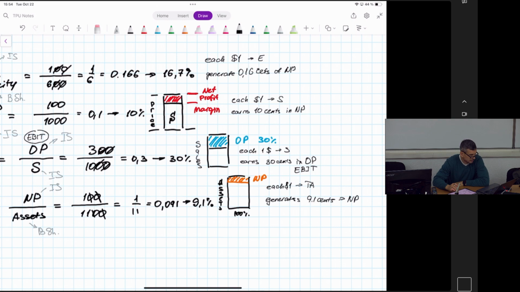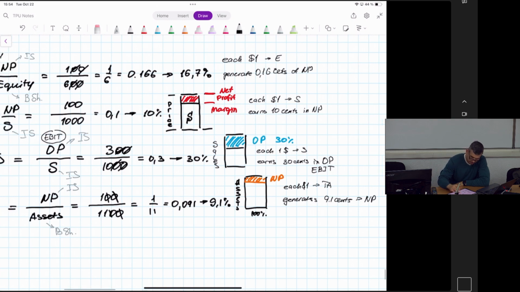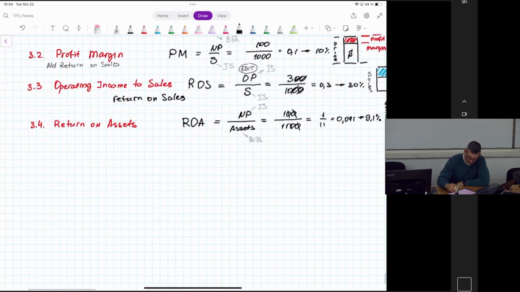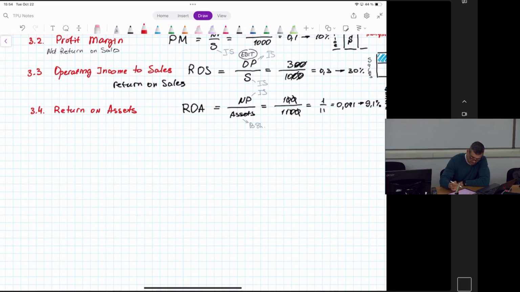And the next is 3.5. That's the tricky one, the tricky ratio, 3.5. Return on invested capital.